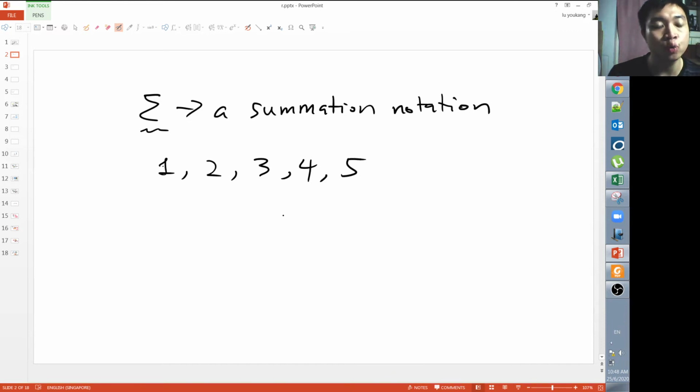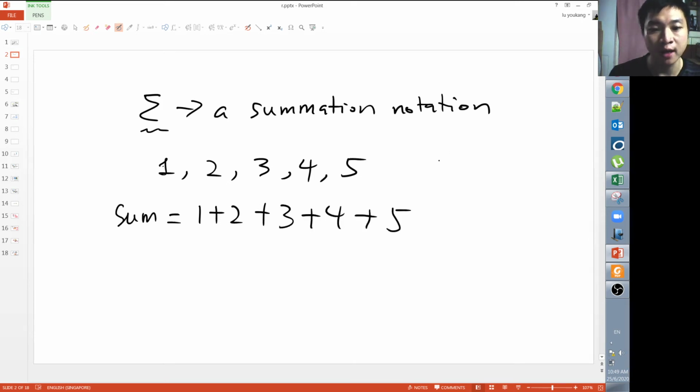If you want to find out the sum of these 5 numbers, the sum is equal to 1 plus 2 plus 3 plus 4 plus 5, and the answer is 3 times 5, so it's 15. This is one way to find the sum of these 5 numbers.